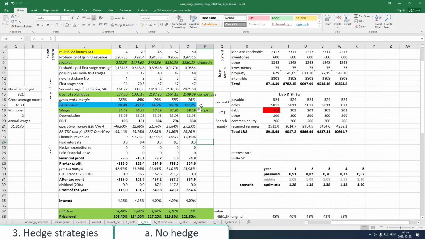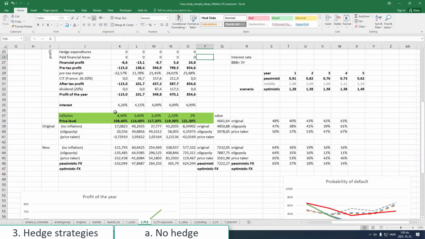And just some side notes for the future. Yeah, and this is just one note.